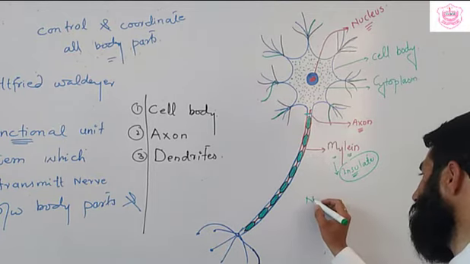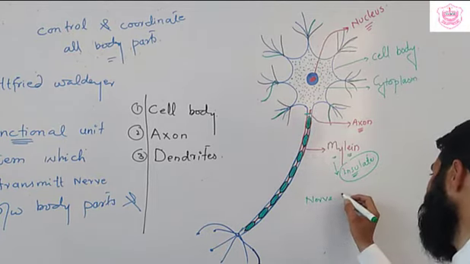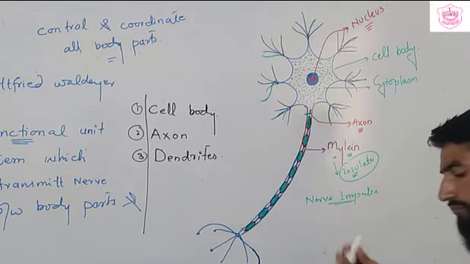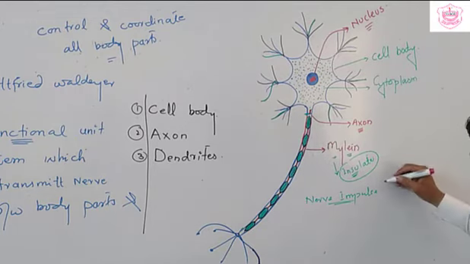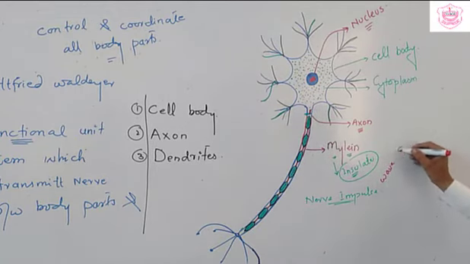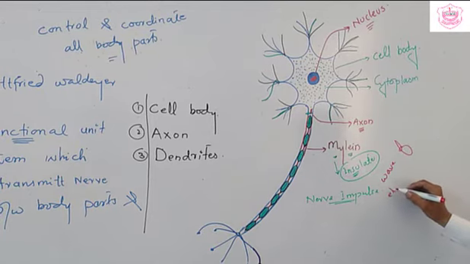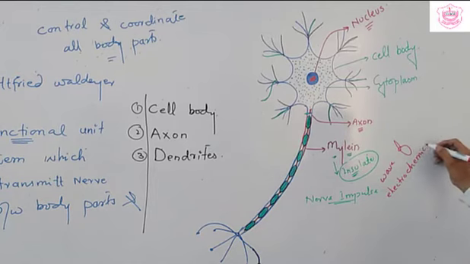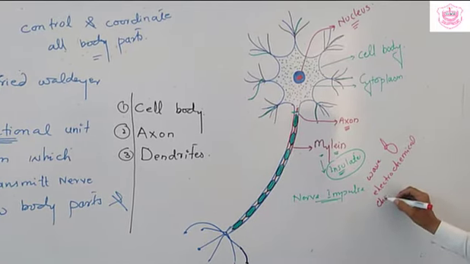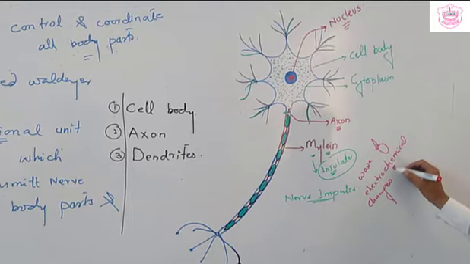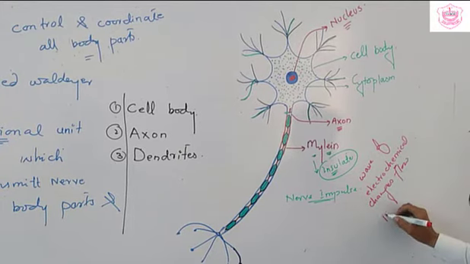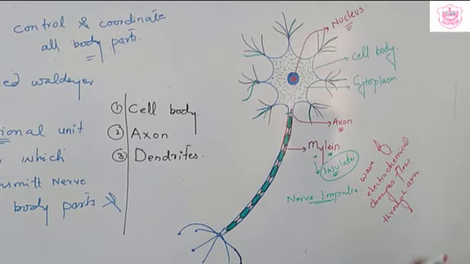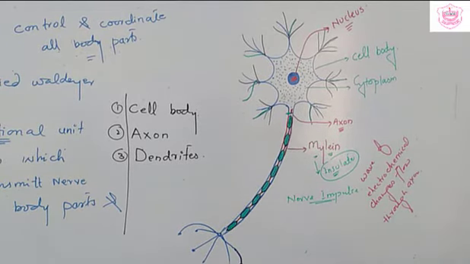Okay, nerve impulse: the wave of electrochemical changes flowing through the axon is known as a nerve impulse.